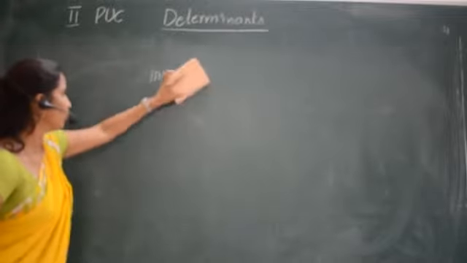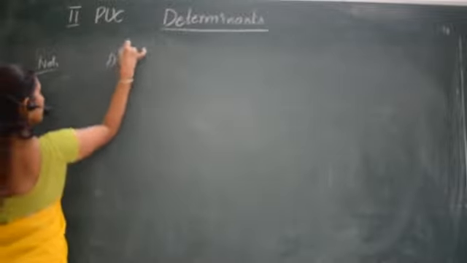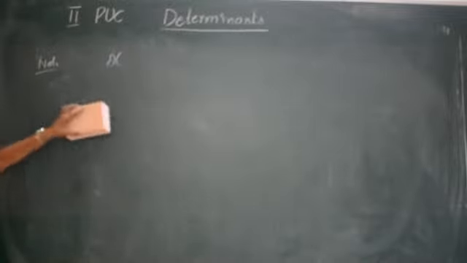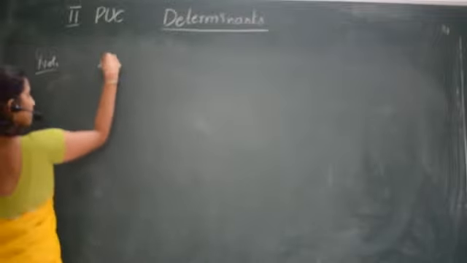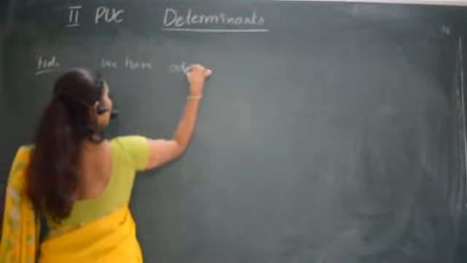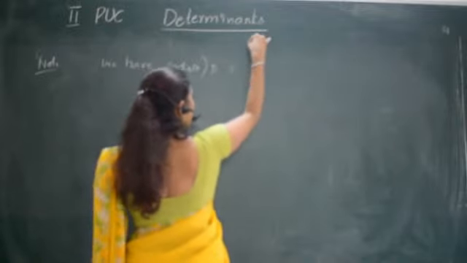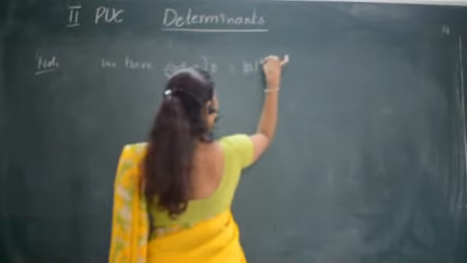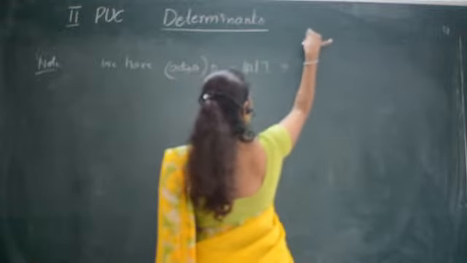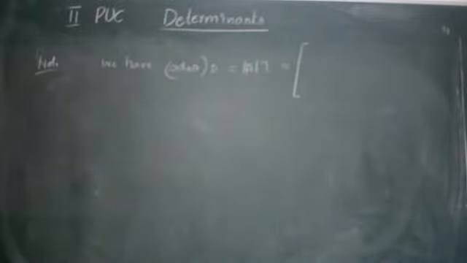Next, one more note we can write. We have A into adjoint A or adjoint A into A, which is equal to determinant of A into I. Determinant of A is a number, multiplied by the identity matrix.